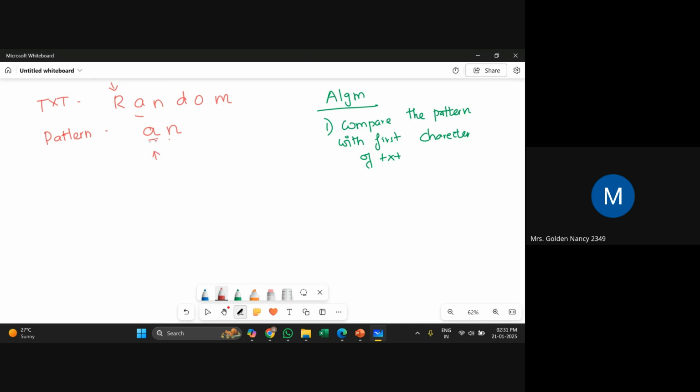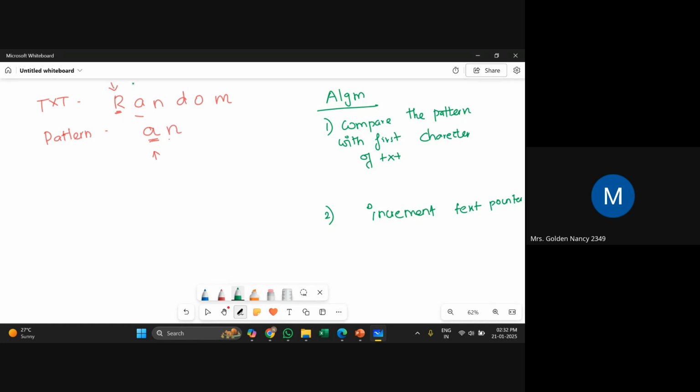First, this first letter and this first letter are compared. If they are equal, good, but in the given example, they are not equal. So if they are not equal, what happens? You just have to increment the text pointer, because this letter is not equal to this.